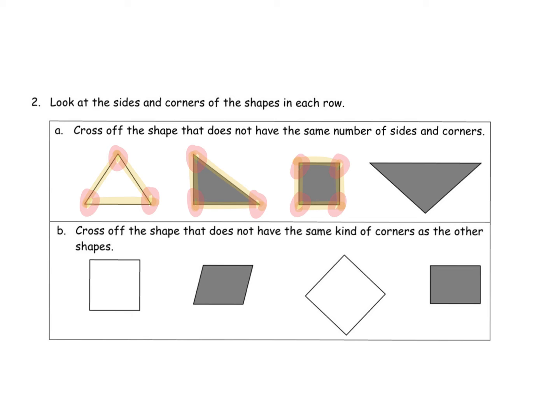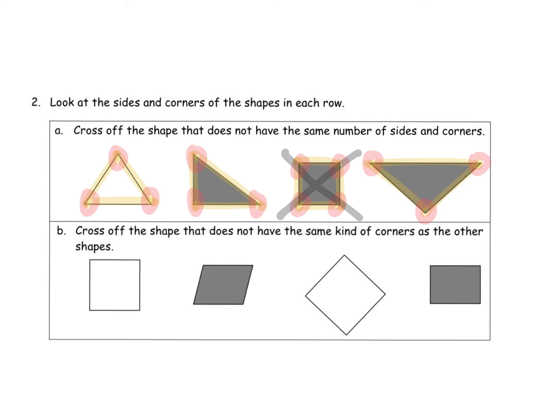So we know this shape has 4 sides and 4 corners. Now our last one, 1, 2, 3, 1, 2, 3. So which one of these shapes doesn't have the same number of sides and corners? Our square. Okay, so we can cross off our square.